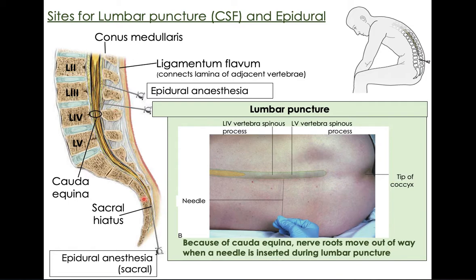Another popular region, especially for childbearing women, if they decide to get an epidural anesthetic before giving birth, is to insert that needle at the region of the sacral hiatus. So we can still reach some epidural fat there, reach that epidural space there, and insert that anesthetic. So that's only going to numb those nerves around the perineum.